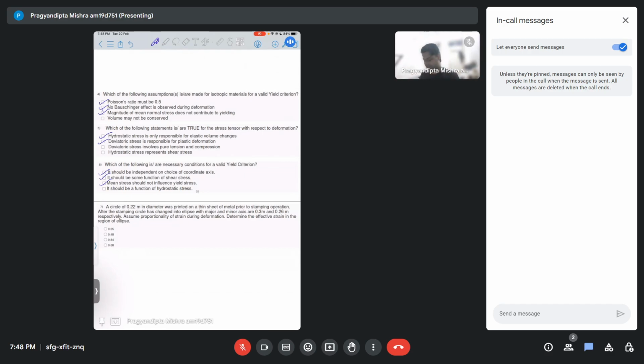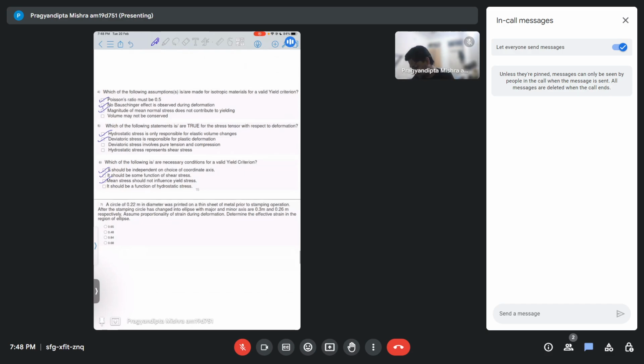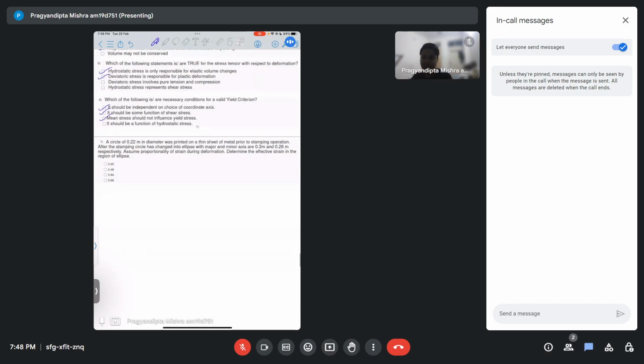So these are the three theory-based questions. Next, we'll come back to another problem. They have told us a circle of 0.22 meter in diameter was printed on a thin sheet of metal prior to a stamping operation. After stamping, the circle changed into an ellipse with major and minor axes 0.3 meters and 0.26 meters respectively. So in both directions it has expanded.